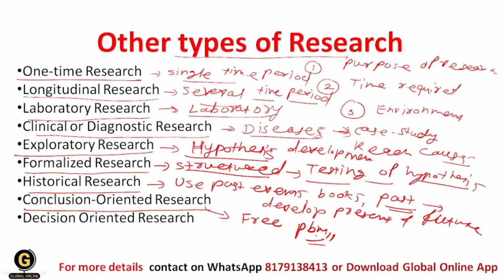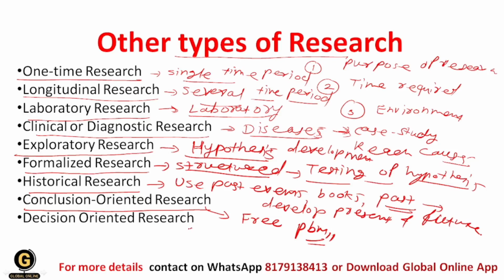It is under the wish of the researcher only, and the researcher is not under the control of any kind of decision maker for performing his research. That's why it is called conclusion oriented research.